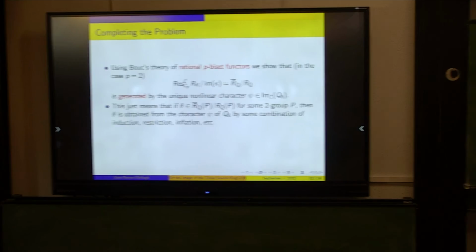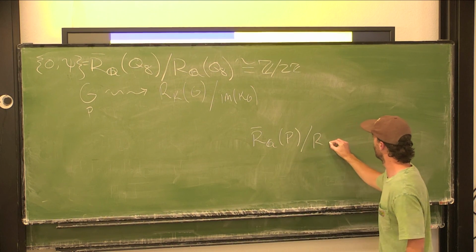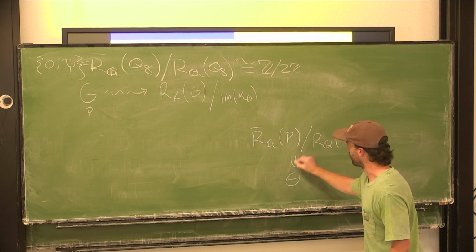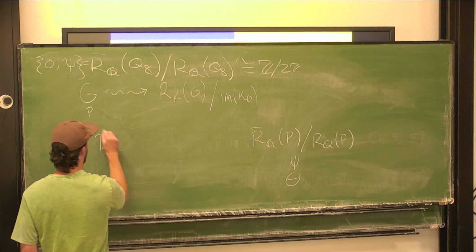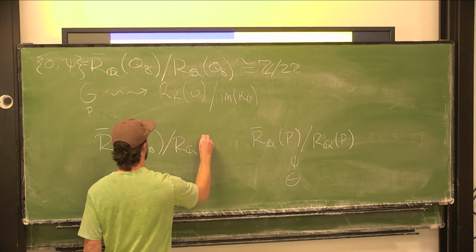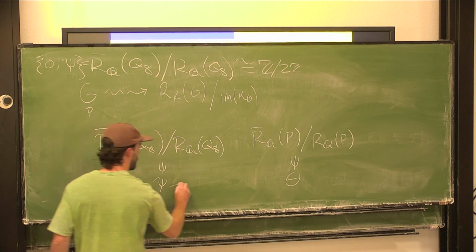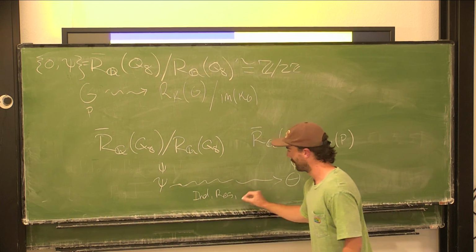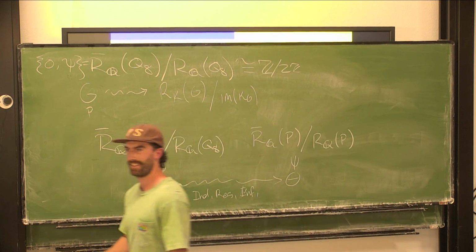If I have some other 2 group P, and I compute this quotient, maybe it's non-zero, maybe there's some element, I think I called it theta there. Maybe there's some element theta here. Well, that theta is actually nothing new. It comes from psi. Psi was the non-zero element here, and I can get from psi to theta by applying some combination of induction, restriction, multiplication, inflation and deflation, etc.